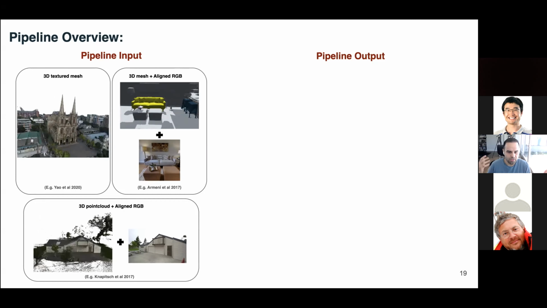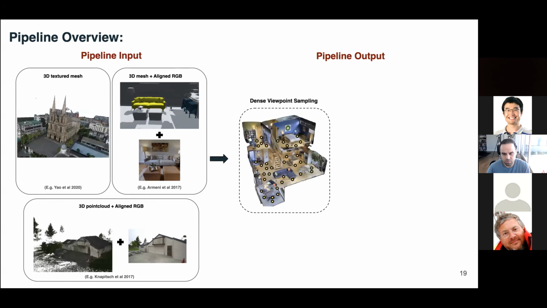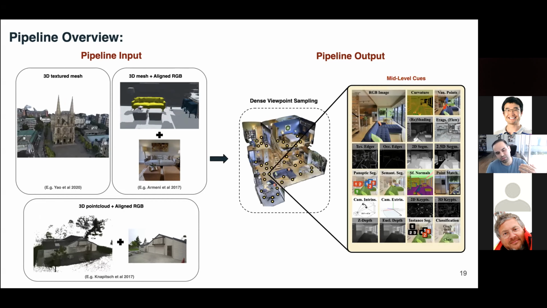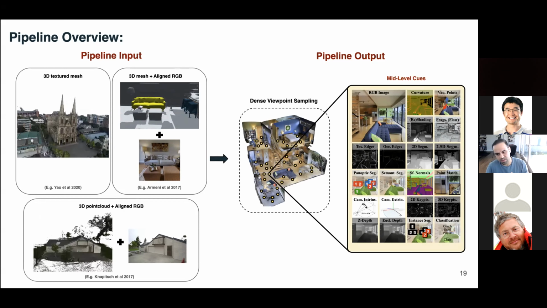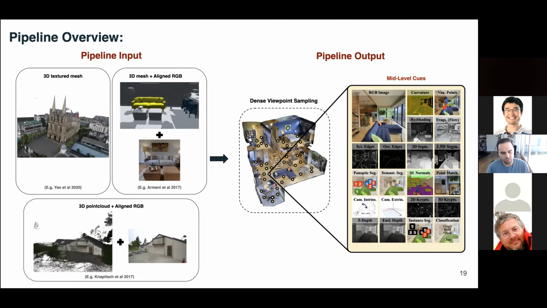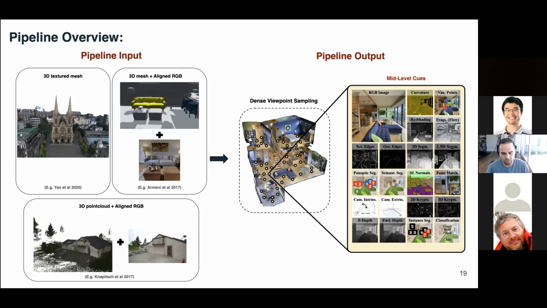Or it could be a textured mesh, and there are plenty of those datasets, or it could be point clouds. So one of these common forms of 3D goes through the pipeline, which renders it into a bunch of images sampled from around this space and a bunch of annotations. These annotations are either based on geometric processing of the mesh or propagating the semantic information that came with the mesh.